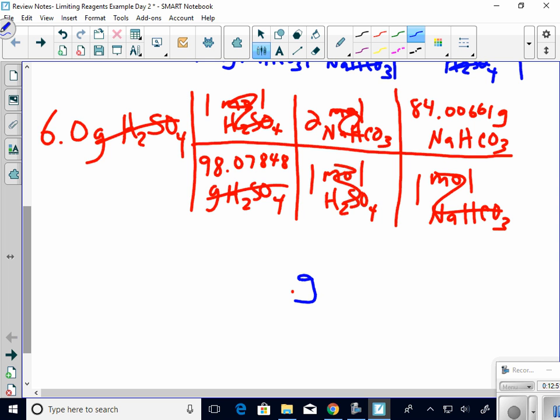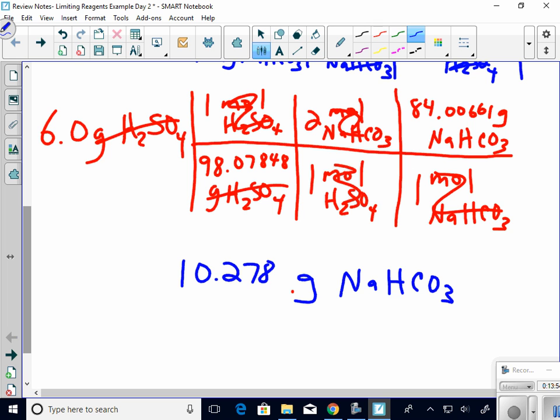I come up with grams of, okay, and I came up with a value of, and I didn't round or sig fig this.